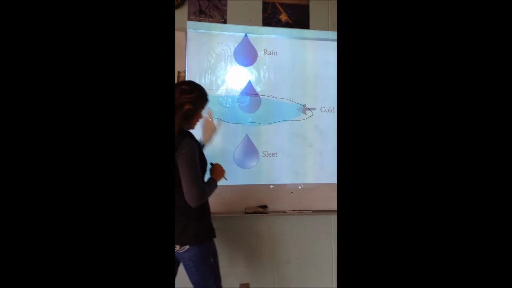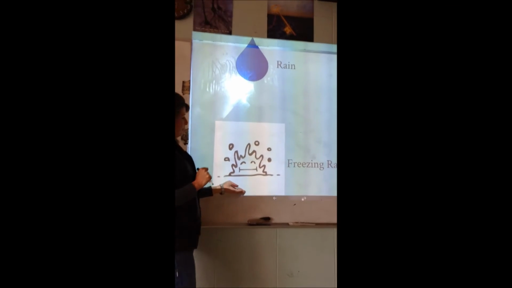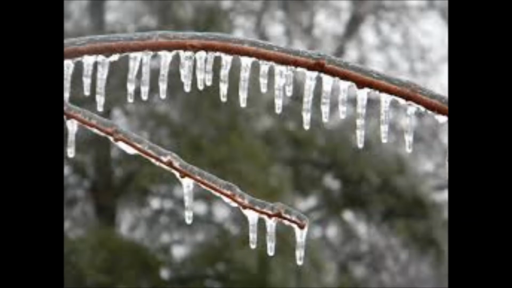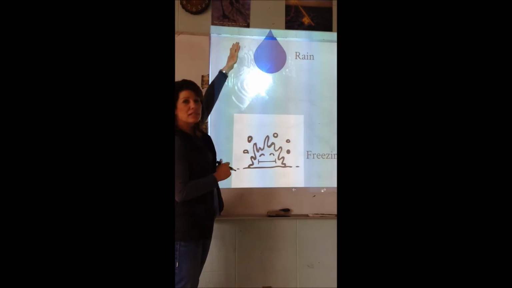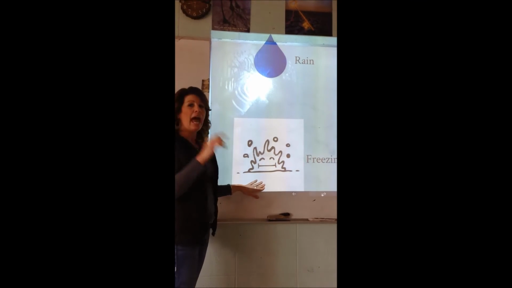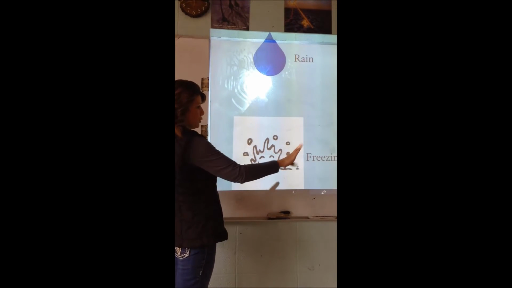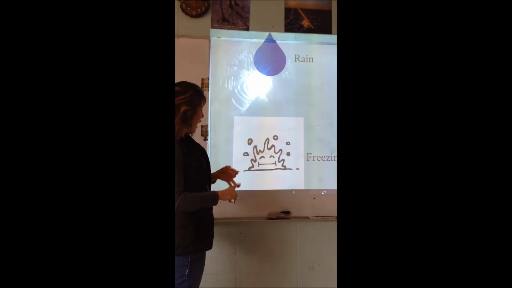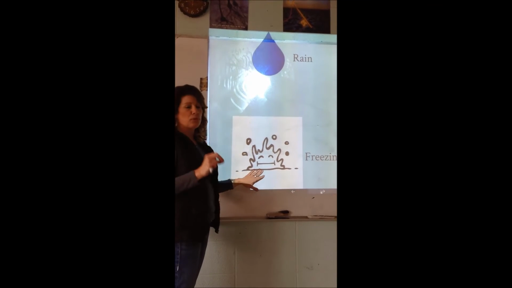All right. And then next is freezing rain. Freezing rain starts as a liquid and falls all the way down as a liquid. However, the surface, whether that be the road, the power lines, the trees, the temperature is very cold.